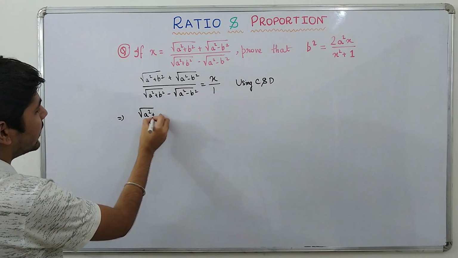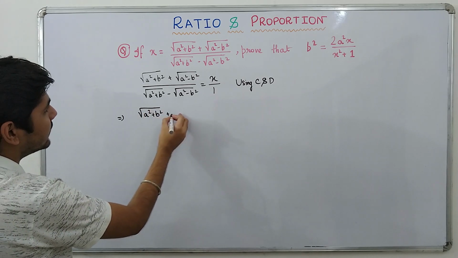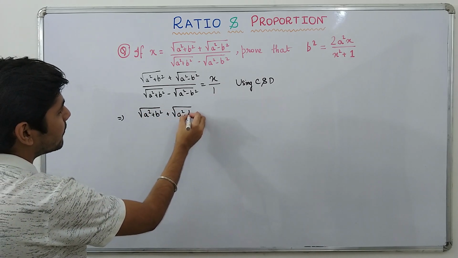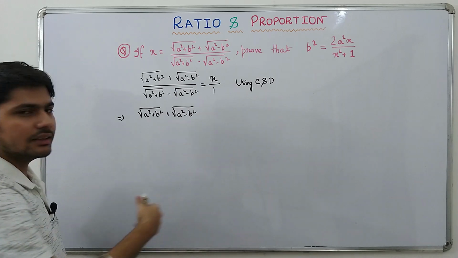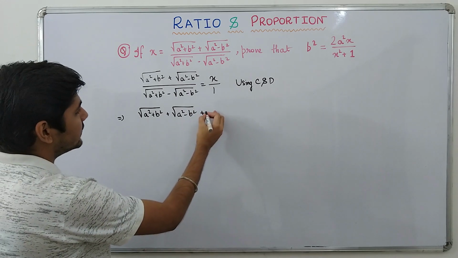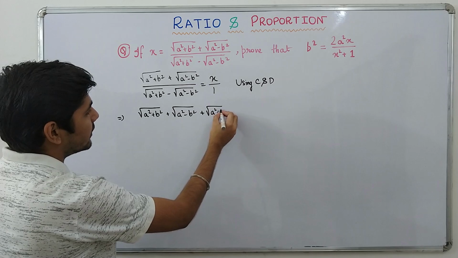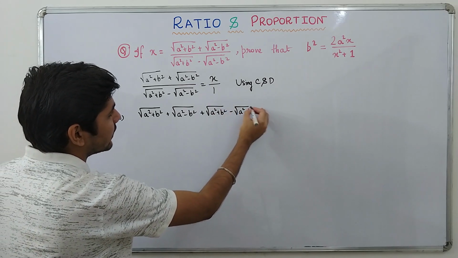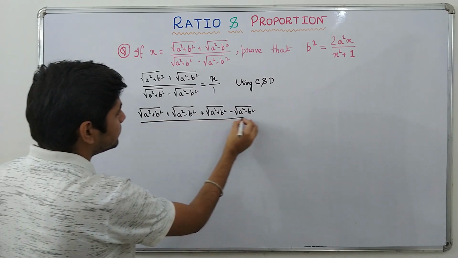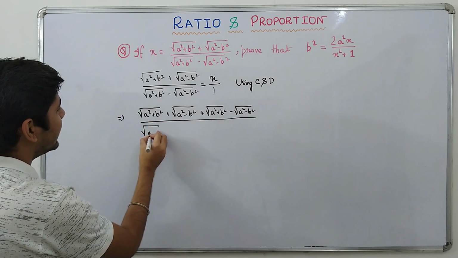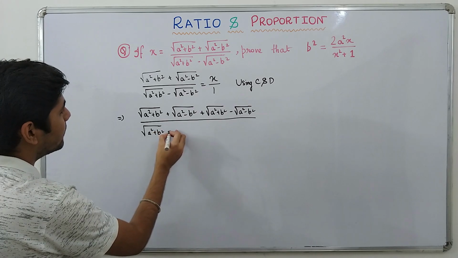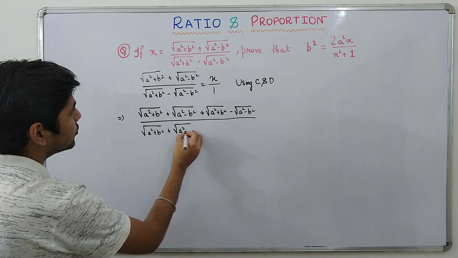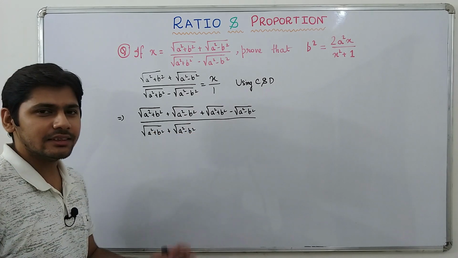Root over a square plus b square plus root over a square minus b square plus the denominator, so plus root over a square plus b square minus root over a square minus b square, by root over a square plus b square plus root over a square minus b square minus the denominator.